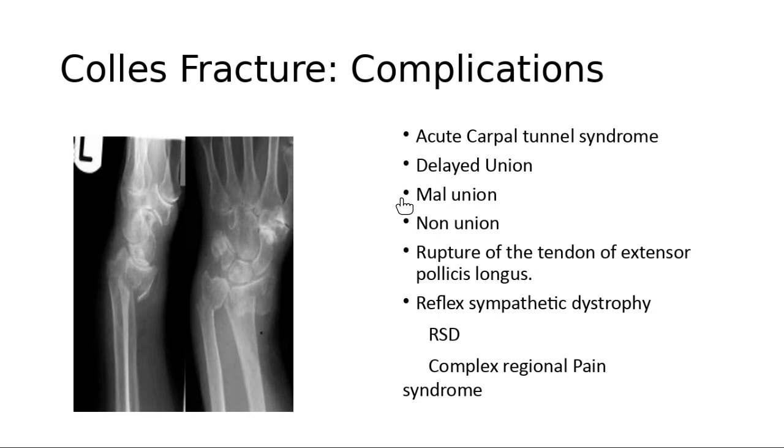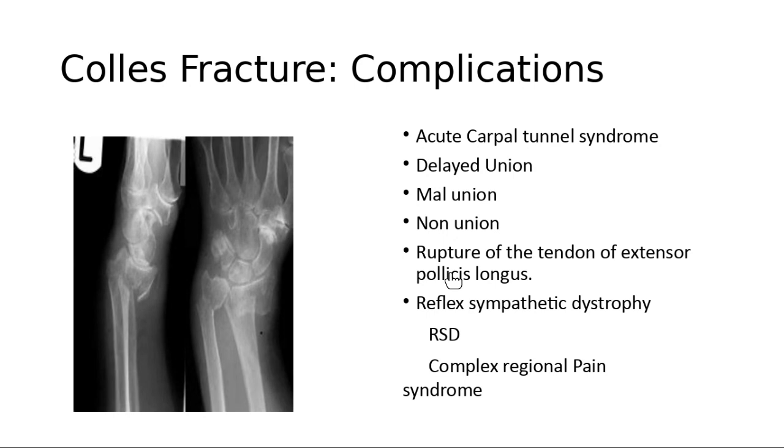If you are not appropriately reduced, you can get malunion, and very rarely do you get non-union. And I say very rarely because the area of the bone that is fractured is metaphyseal bone, which tends to heal much more than does fracture of the diaphysis.